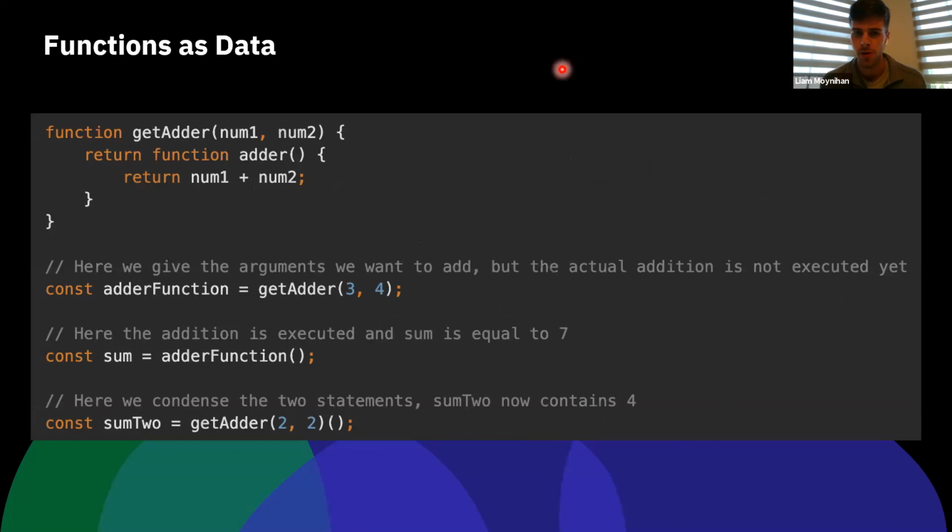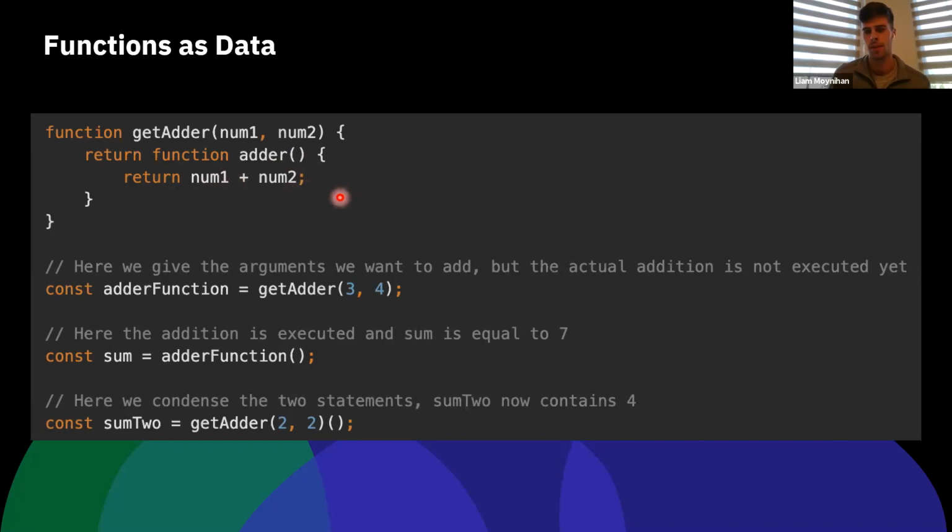Like I said, we can also return functions from other functions, which again is just kind of a weird thing to get used to. But we can see we have this function called getAdder. And getAdder is going to take two arguments, num1 and num2. And then we're going to return another function called adder, which takes no arguments and returns num1 plus num2.